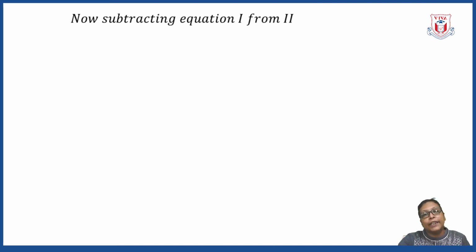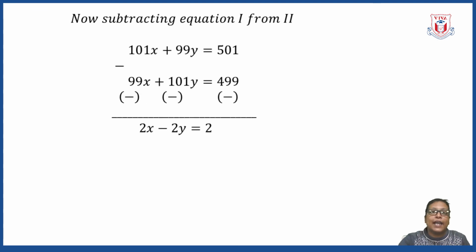So now, subtracting equation 1 from equation 2. So let us write equation 2 above and equation 1 below, as I have said. Why do so? Because in the second equation the coefficient of x is bigger. So always choose the equation in such a way that the bigger coefficient will appear on the top, so that you will not get the negative term.